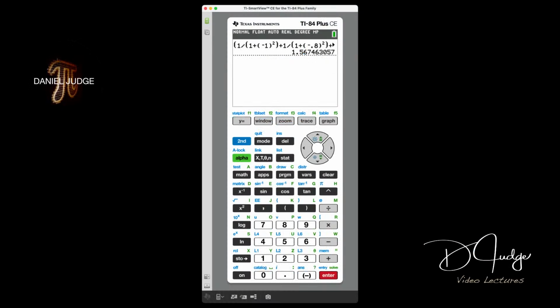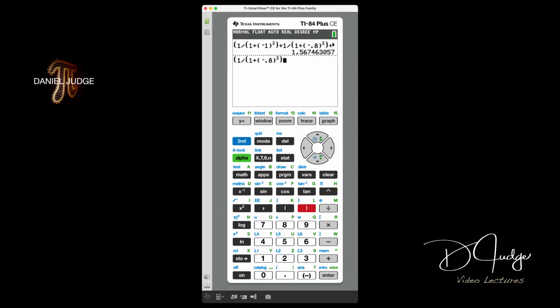Right? So we're going to put a parentheses again and another parentheses. I don't think we needed that one. No, we didn't need that one, right? This is 1 divided by a parentheses. 1 plus the first approximation is a negative 0.8. Parentheses, negative 0.8. Close that and square it.